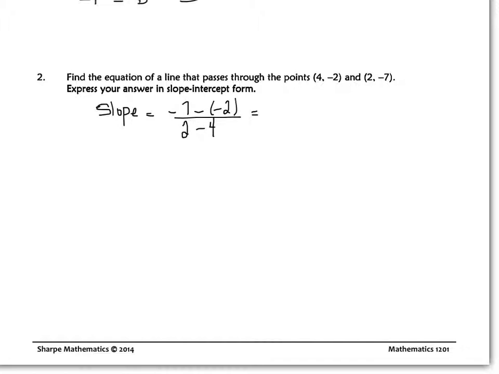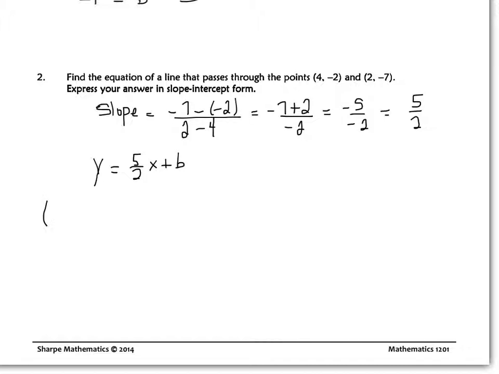So that becomes negative 7 plus 2 over negative 2, which is negative 5 over negative 2. And the negatives cancel each other out, so that's 5 over 2. So then you've got y equals 5 over 2 x plus b so far.